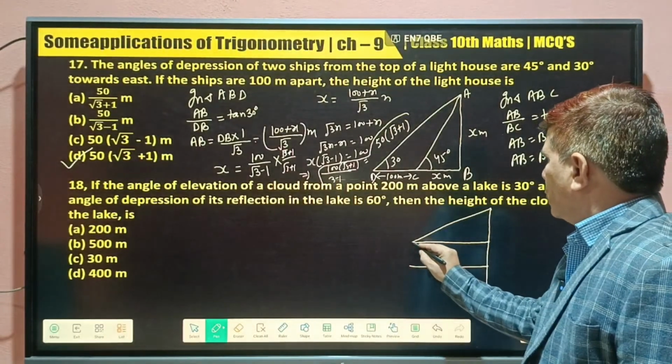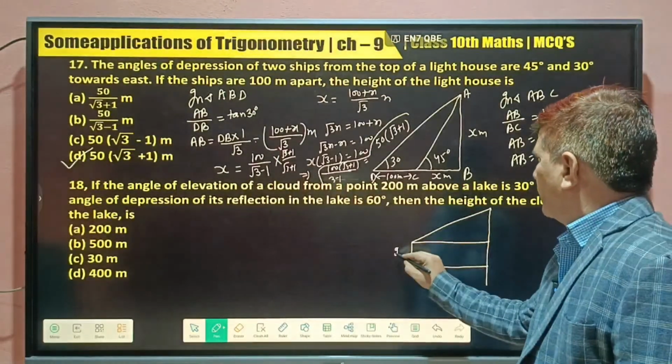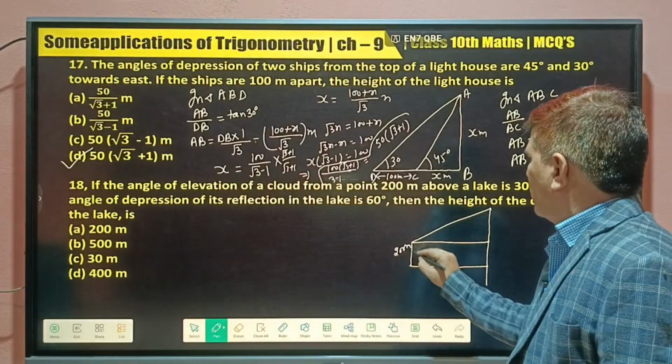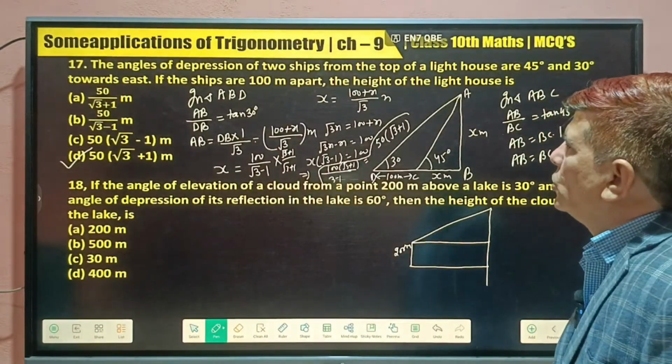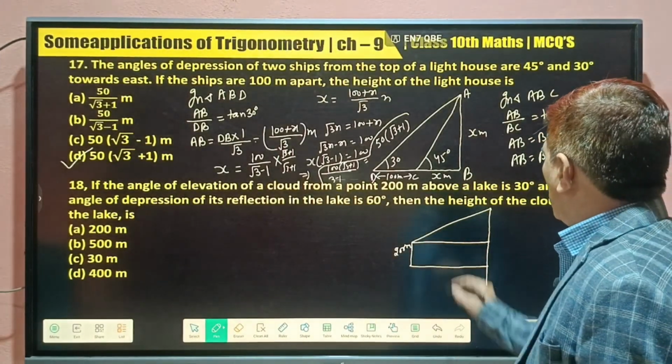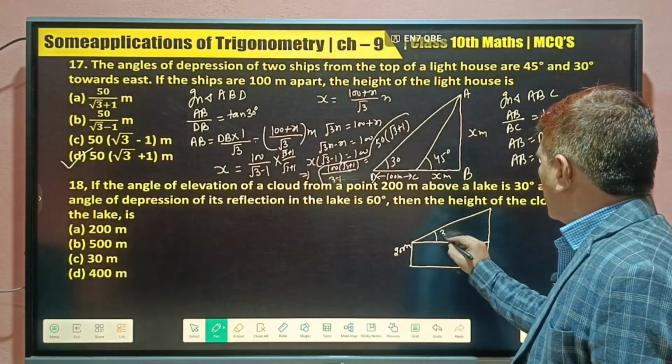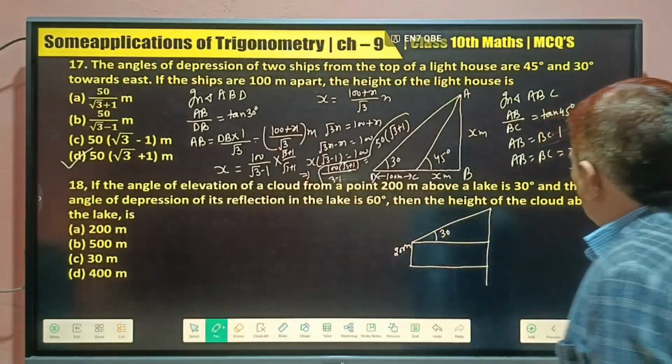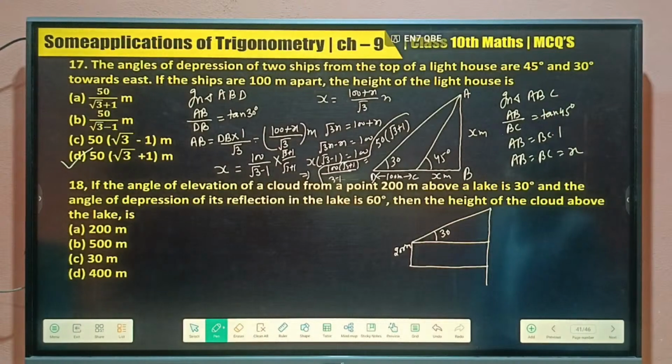So this is 200 meter. How much degree? 30 degree. And angle of depression of its reflection in the lake is 60 degree. So how much degree? 60 degree.